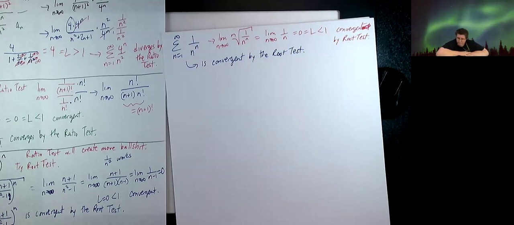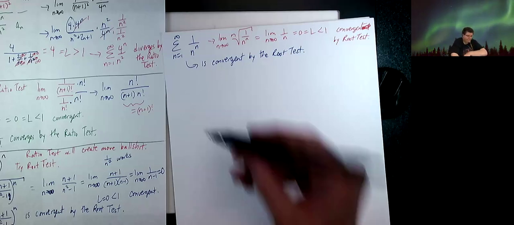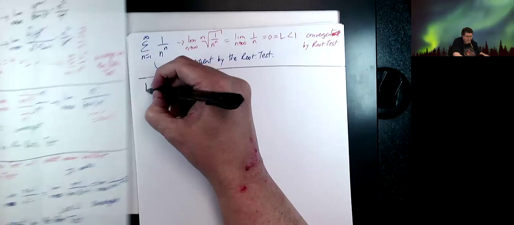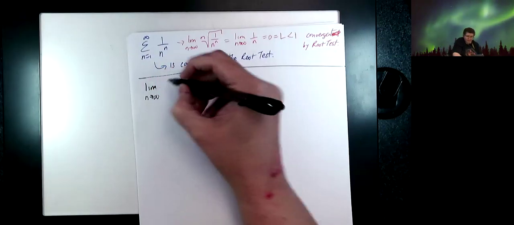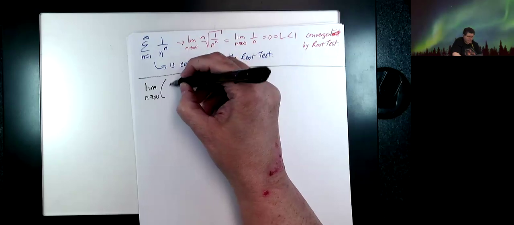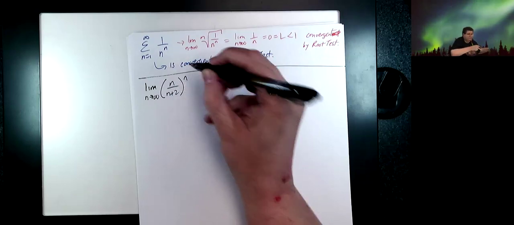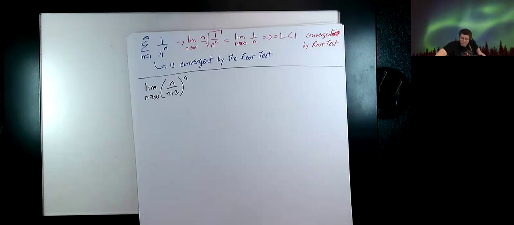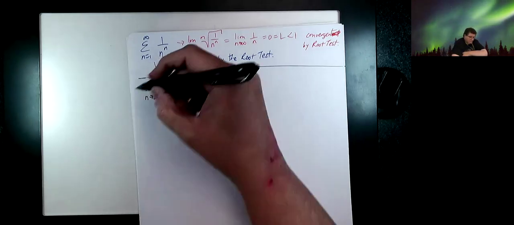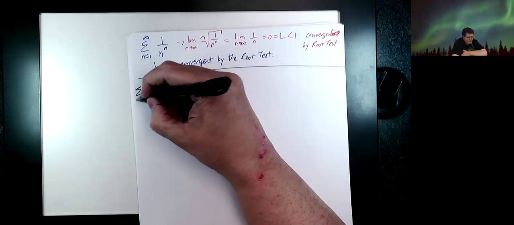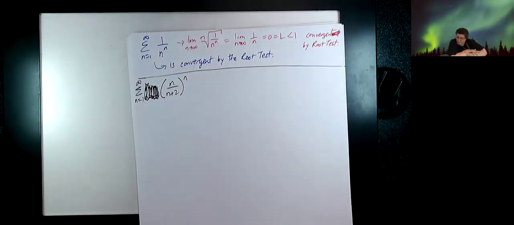All right, let's throw the fun one up. The summation of the limit as n goes to infinity of n over n plus 2 to the n. I got all excited.